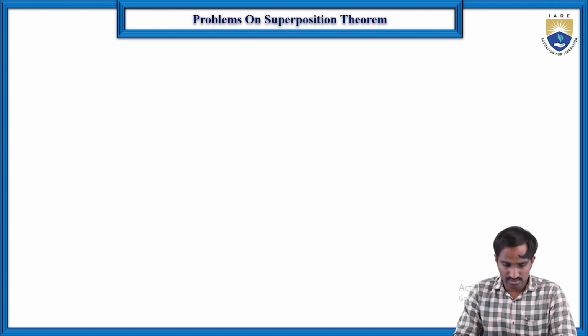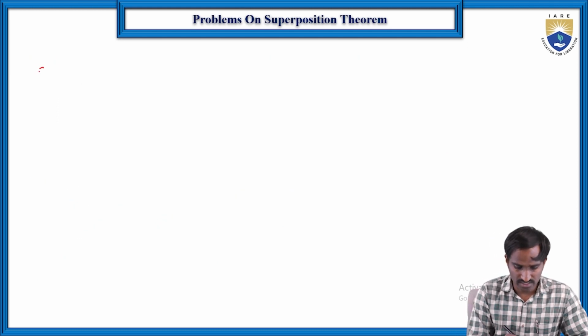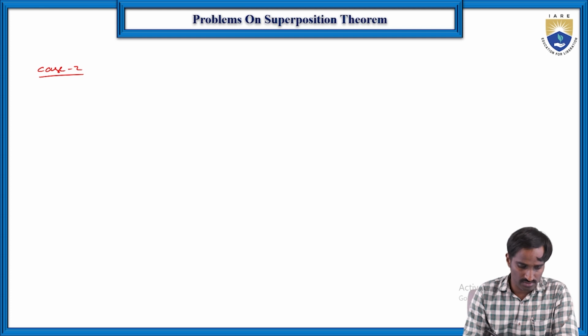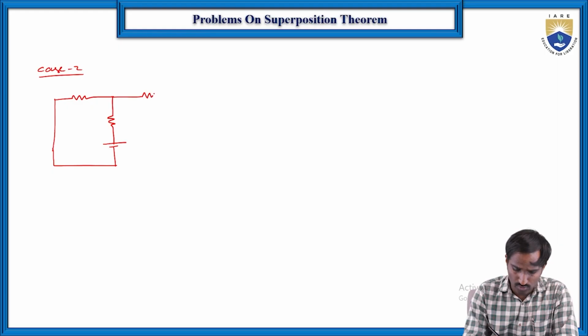In the second case, case 2, we need to consider only the other voltage source, which is 110 volts. Then the 130 volts is replaced with a short circuit. So like this is the voltage source, and again here 0.2 ohms is there, and here 1 ohm is there.